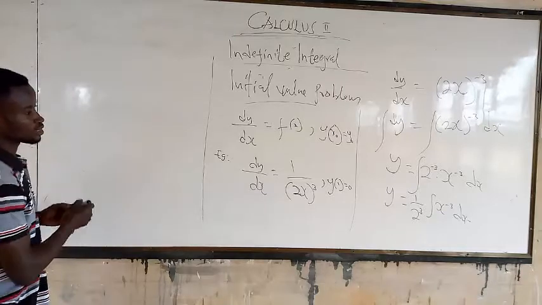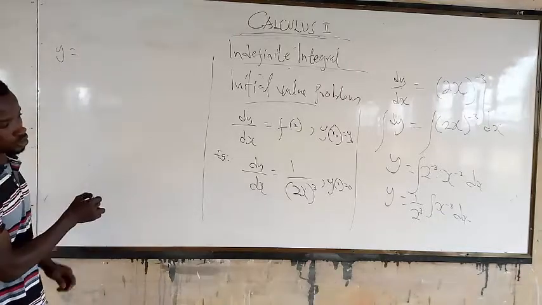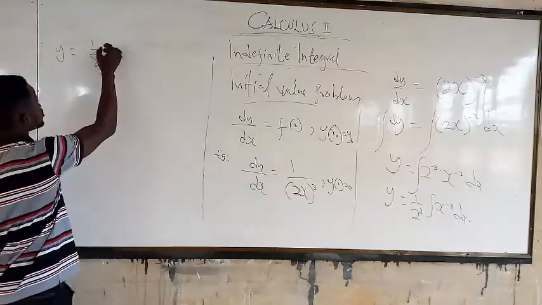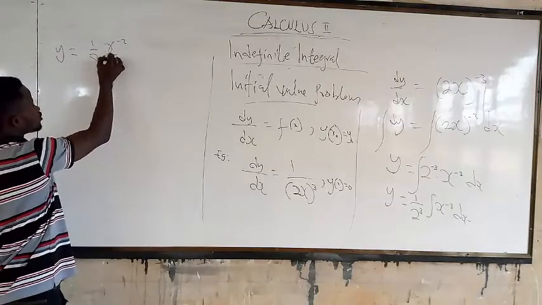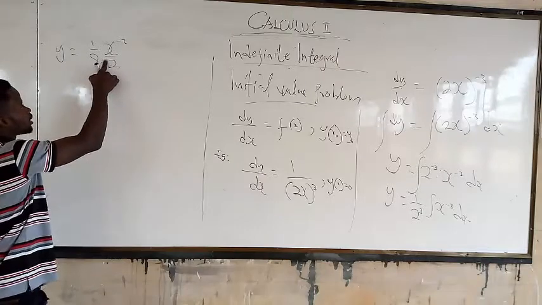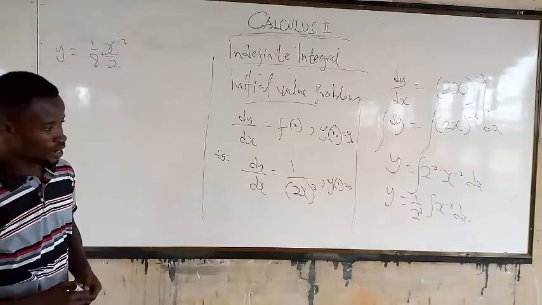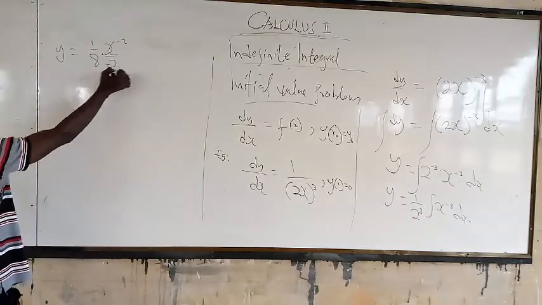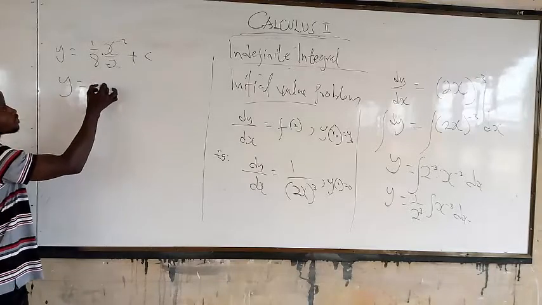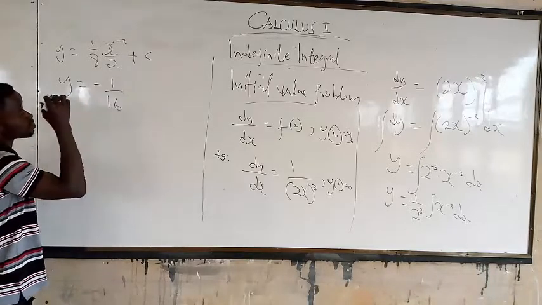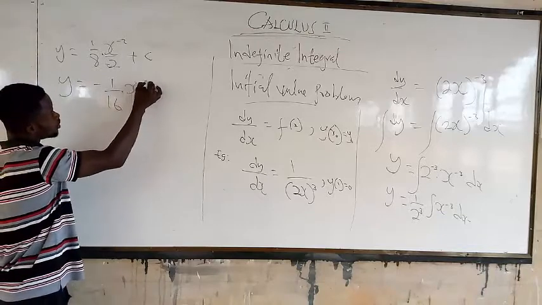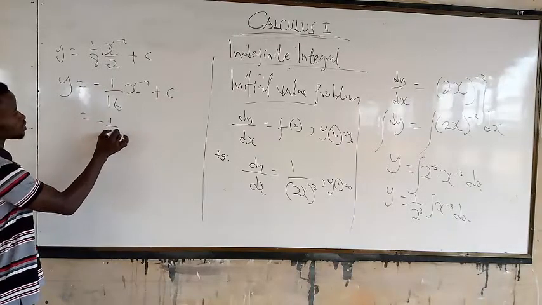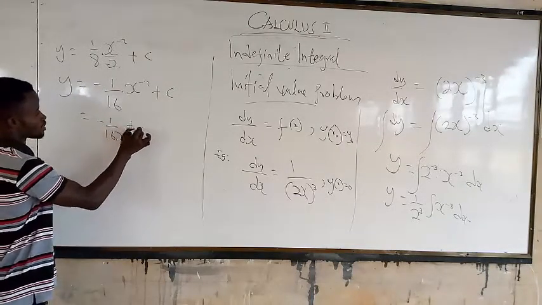So when you do that, you get y equal to 1 over 8, and the integral of that, when you add 1 to the power, you get negative 2. Then you divide by negative 2. So you get y equal to negative 1 over 16 x to the power negative 2 plus c, that is, negative 1 over 16 x squared plus c.